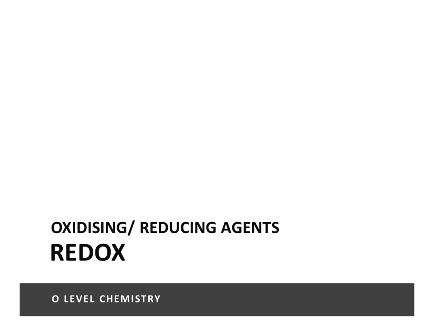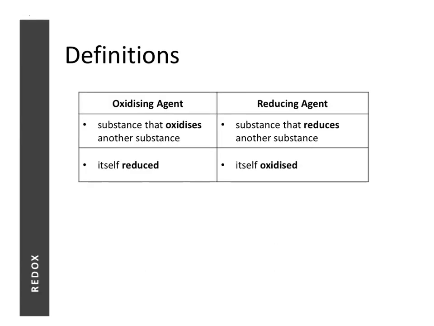But in a movie, usually what happens to them? They are killed themselves. So how does that help you to remember? An oxidizing agent is a substance that oxidizes another substance, but itself is reduced. A reducing agent is sent in to reduce another substance, but itself is oxidized.